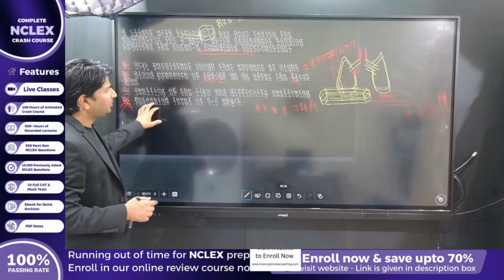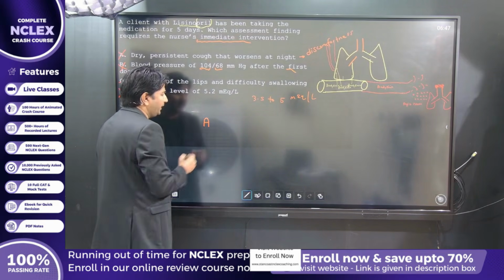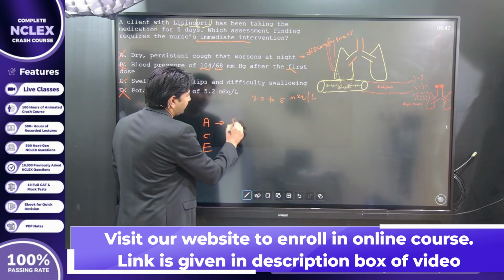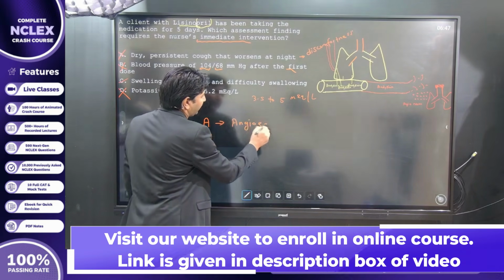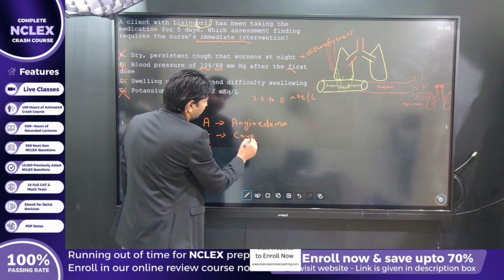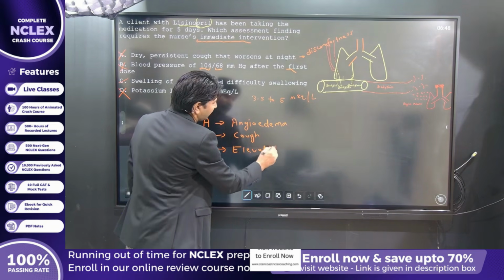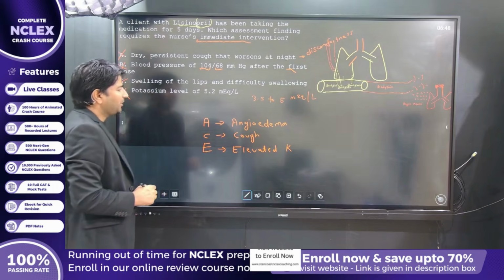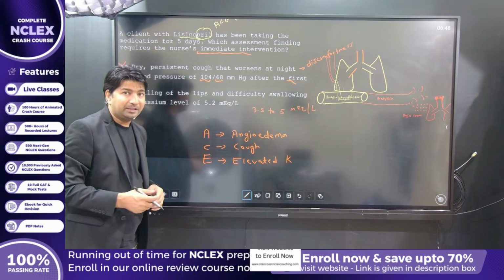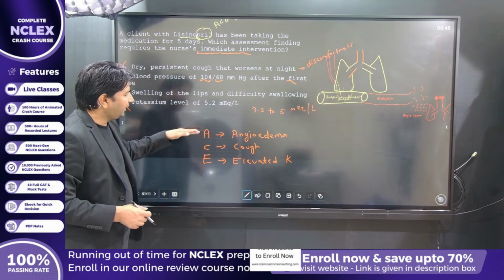And you can remember this by a mnemonic as well. Whenever you see an ACE inhibitor, A is related to angioedema, as we discussed earlier, C is related to cough, and E is related to elevated potassium, elevated K. So whenever you see any drug ending in pril, the side effects will be related to its name, ACE.